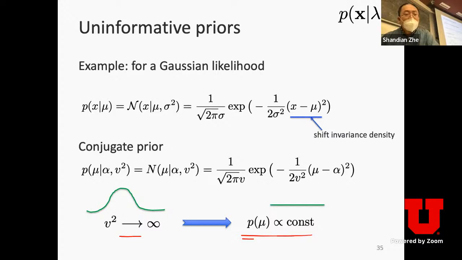When you take the variance of the conjugate prior to infinity, because the conjugate prior is Gaussian, it becomes a flat uniform prior. It's actually the uninformative prior. In this case, for the Gaussian mean, it is the limit of the conjugate prior.